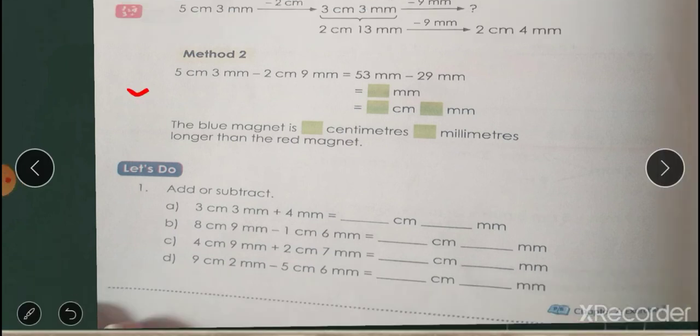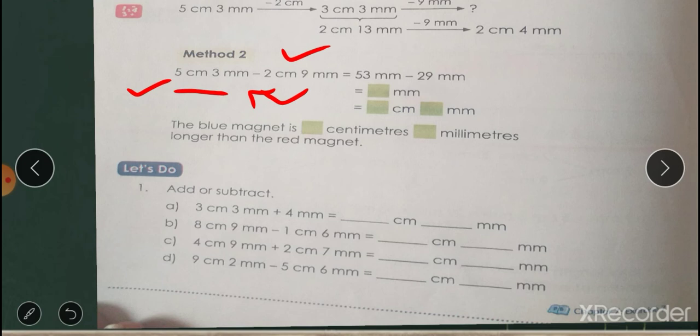So the blue magnet's length is 5 centimeter and 3 millimeters, and the red magnet's length is 2 centimeter and 9 millimeters. So what do we need to do? We have to find how much longer the blue magnet is than the red magnet. So we are going to subtract the length of the red magnet from the blue magnet. The first thing we have to do is convert centimeters into millimeters.